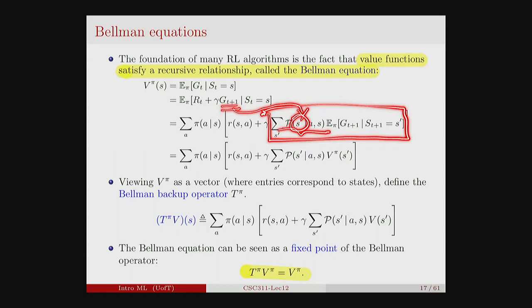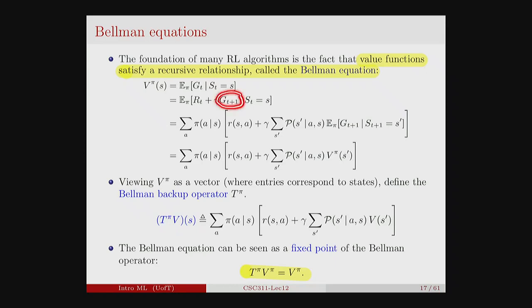And then conditional on being in state S prime, it's going to see this expectation under pi again of G_{t+1} given S_{t+1} equals S prime as the future return. So this is just me expanding out the definition of the future return given that the current agent is in state S. It's a convex combination of all the possible future returns that this agent could see under the different future states that this agent could go to.